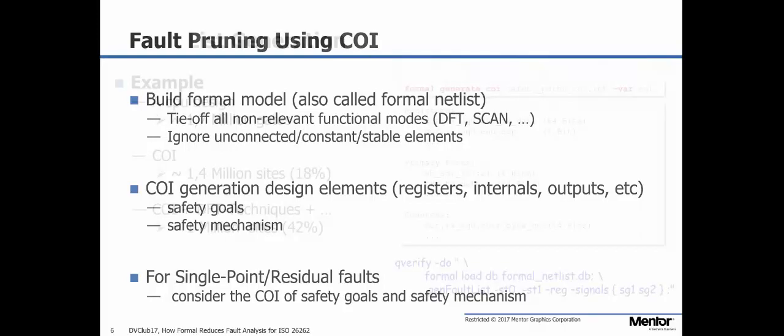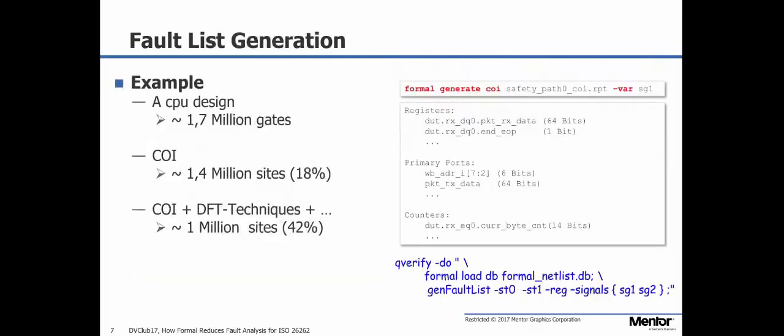Here is an example that we are working on with a customer. We have a design with 1.7 million gates. When we apply the cone of influence, we have a reduction of 18%.